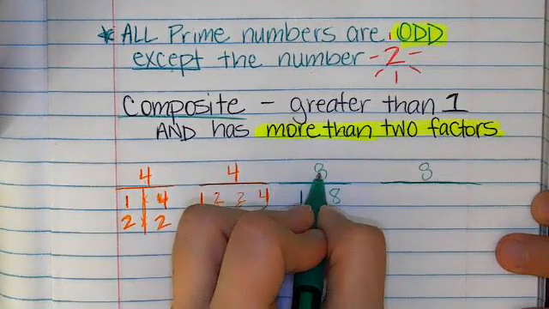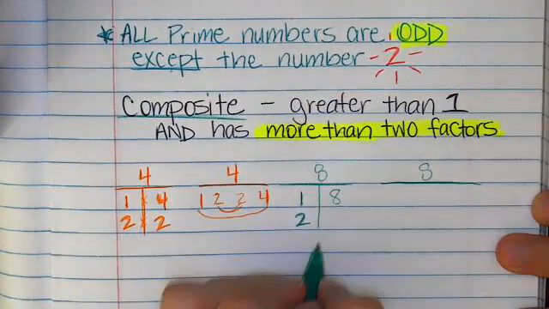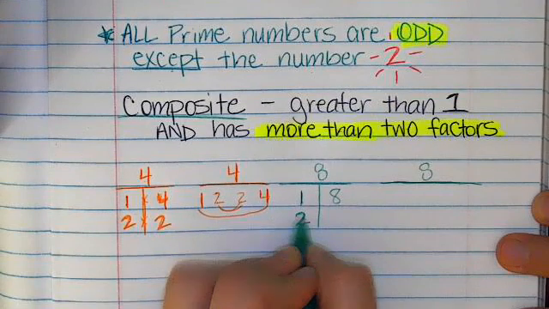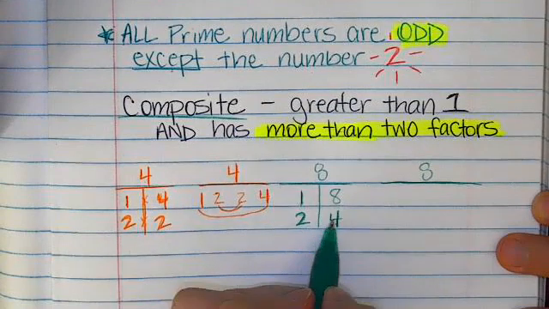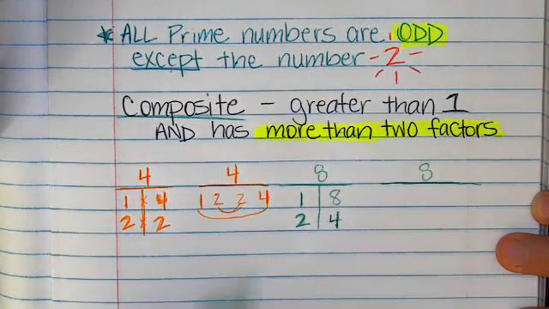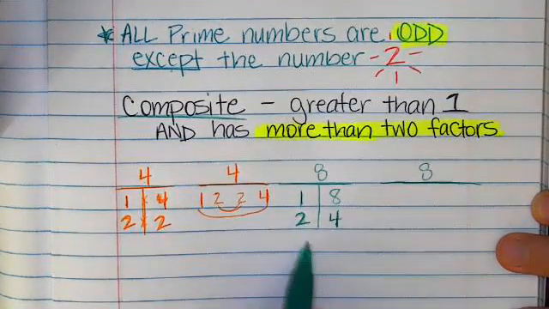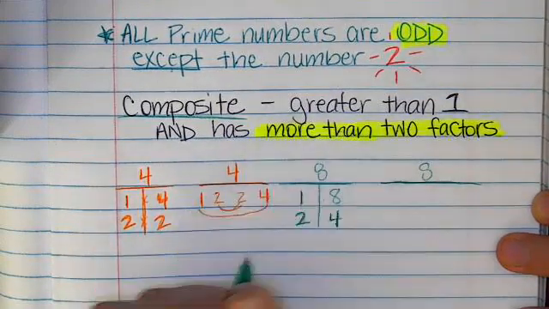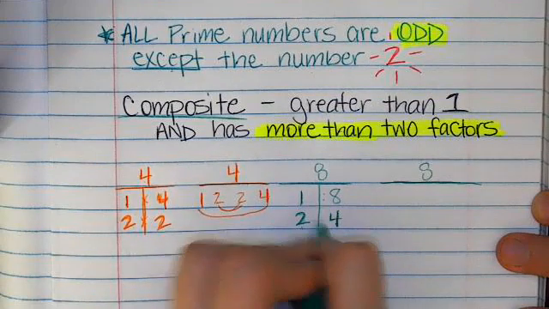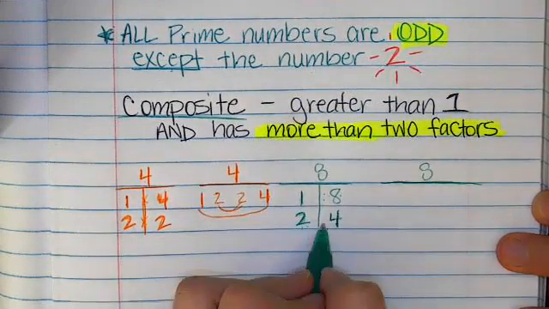And I know that 2 will go into 8 because 8 is even. So 2 times what number equals 8? 2 times 4 equals 8. Now, between these two numbers, there's only one number left. There's 3, but I know 3 times nothing will ever equal 8. So therefore, these are all of my factors of 8: 1, 2, 8, and 4. 1 times 8 is 8, and 2 times 4 is 8.